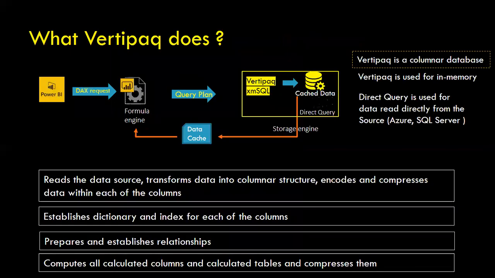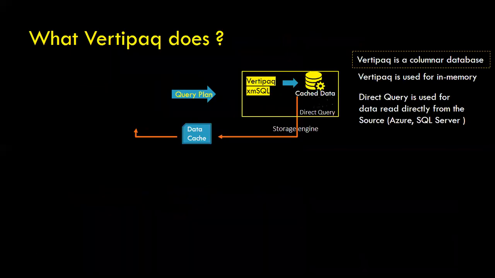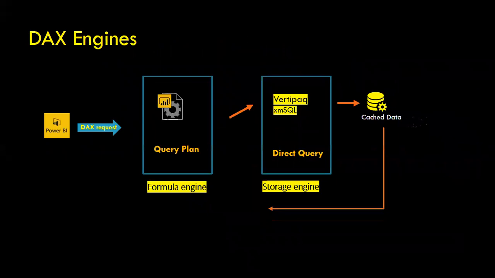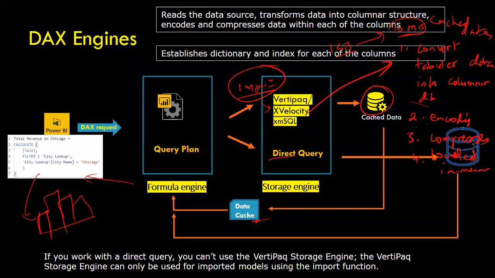And what is the next step we discussed? First, it converts your tabular data into columnar data. Now you understood the advantage of columnar data and why it converts tabular data into columnar. The next one is encoding and then compressing the data. Before compressing, it encodes the data in order to reduce its size. You have value encoding, run length encoding, and hash encoding.